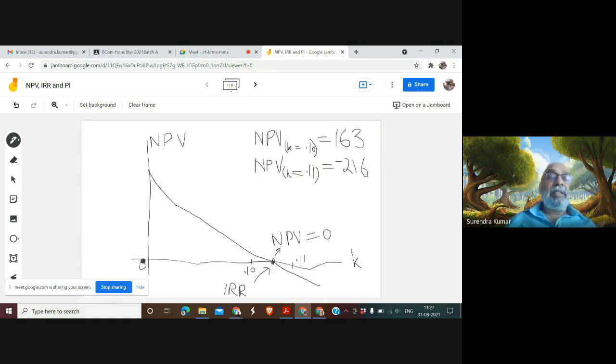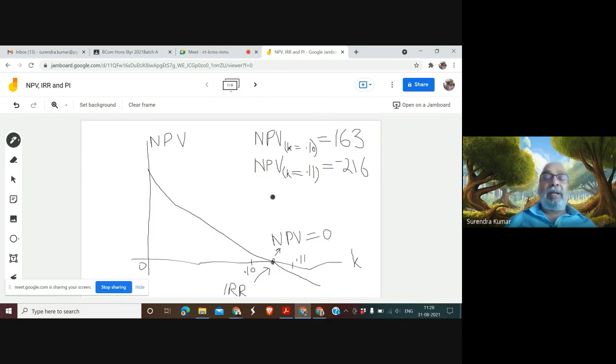And likewise, if we do not discount our cash flows, we get a net present value where this line, which we could call the NPV line, is showing us the net present value where the discount rate or cost of capital is 0.